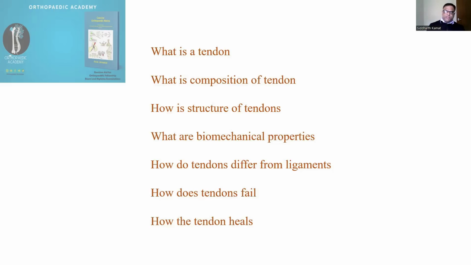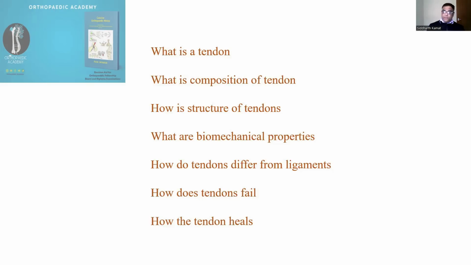Another important question is how tendons fail. Tendons can fail two ways. One, by a single traumatic event, a macro trauma, or it can be multiple micro traumas causing a fatigue failure. So it can be a traumatic failure or an attritional failure. How does the tendon heal?